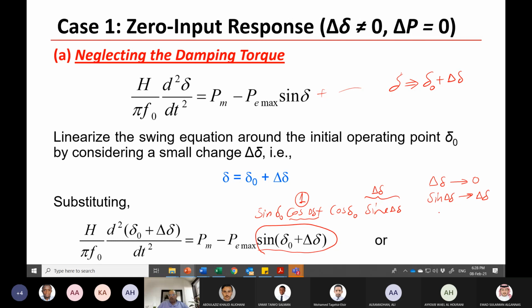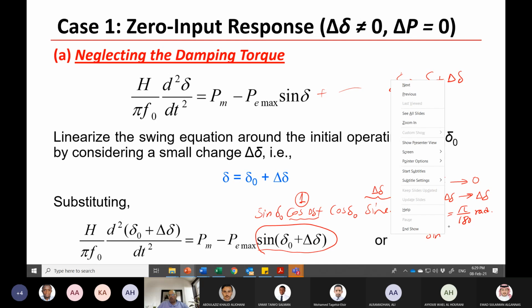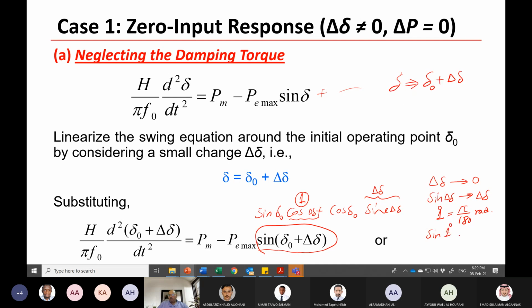You can experience it if you take 1 degree. 1 degree equals pi over 180 in radian. So check sine 1 and compare it with the angle itself in radian.